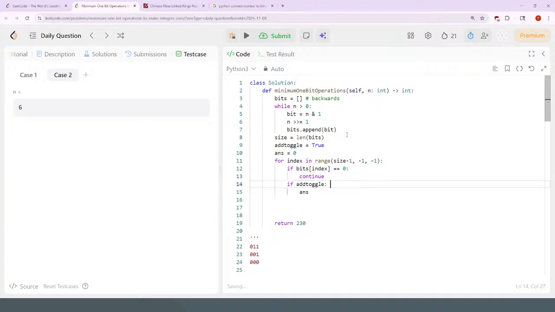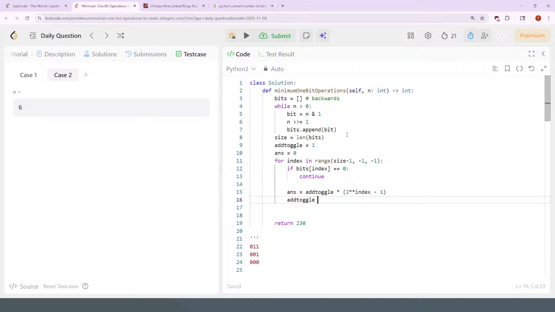And then add toggle. I think I can do something like, maybe add toggle should just be +1 or -1. Answer equals add toggle times 2 to the power of index minus 1.